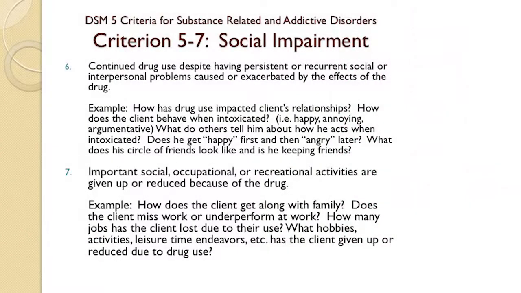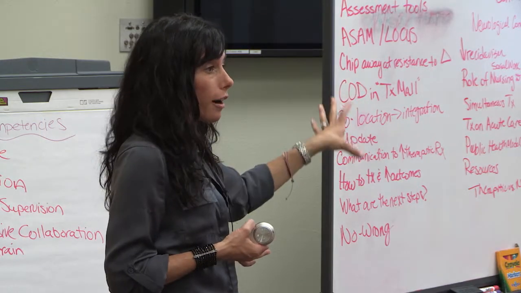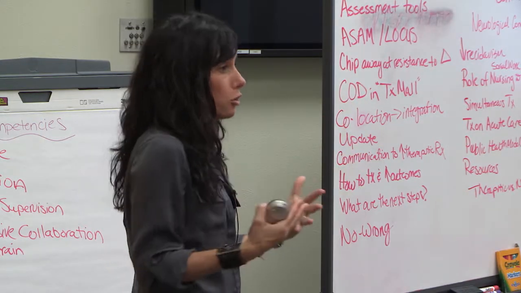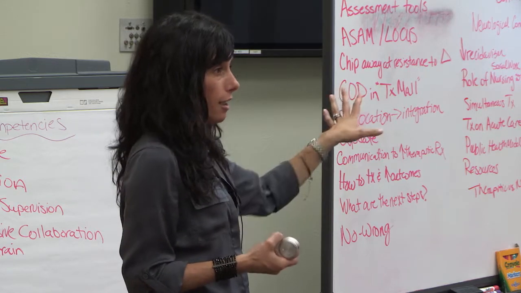And important social, occupational, or recreational activities are given up or reduced because of the drug. This could be because they're so busy looking for, using, and recovering from the drug that there's only so many hours in the day and they're really limited in their ability to engage in meaningful activity, or they no longer have the physical drive or the ability to engage in these.